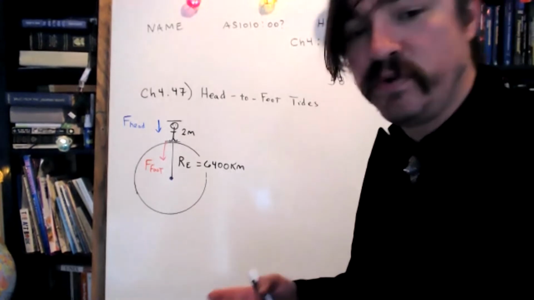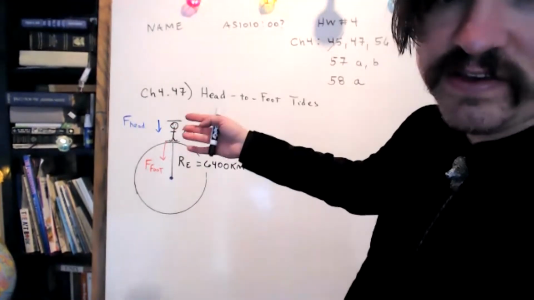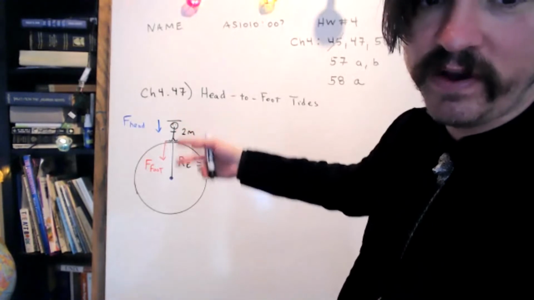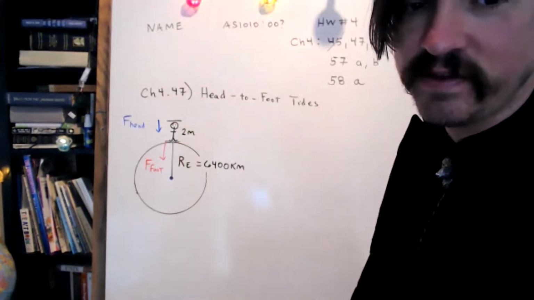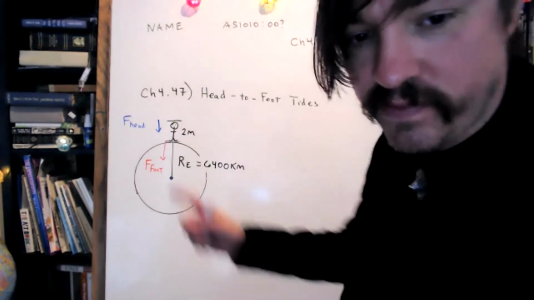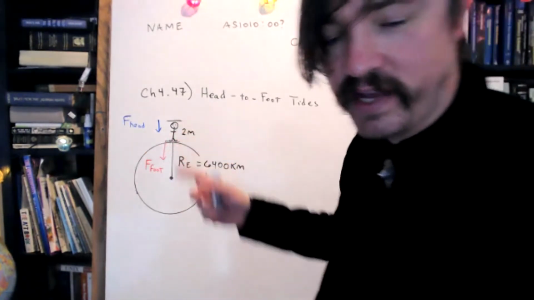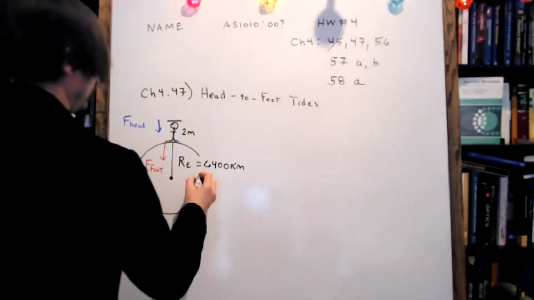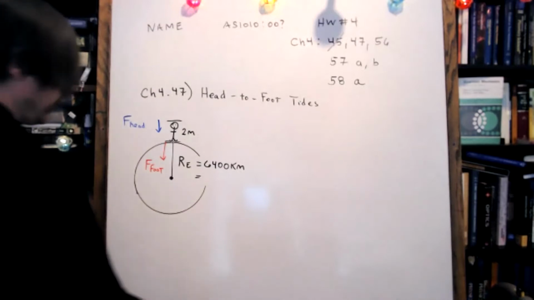Today, when I talked about the moon and the sun, I asked us to consider what percentage the diameter of Earth was compared to the Earth-Moon distance. How many meters is the radius of Earth?